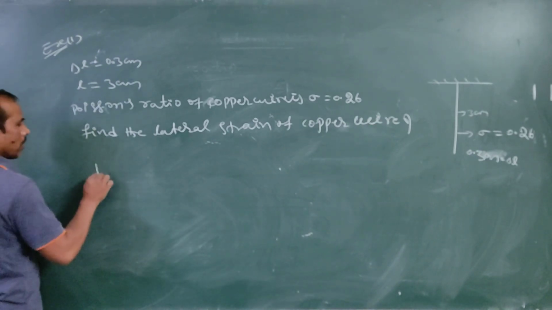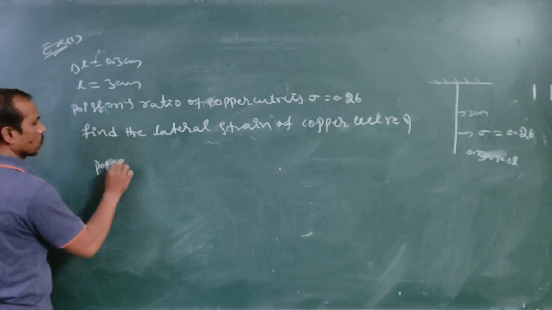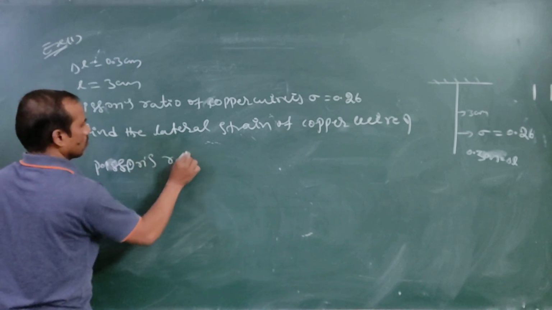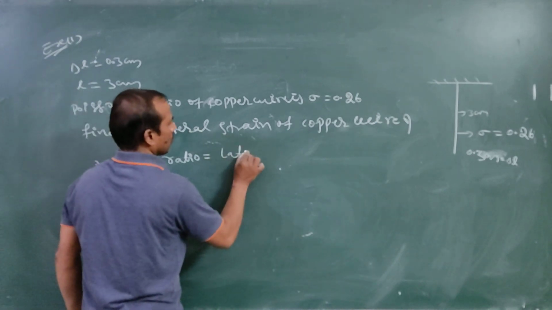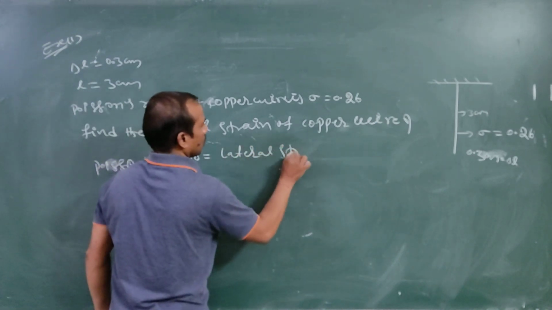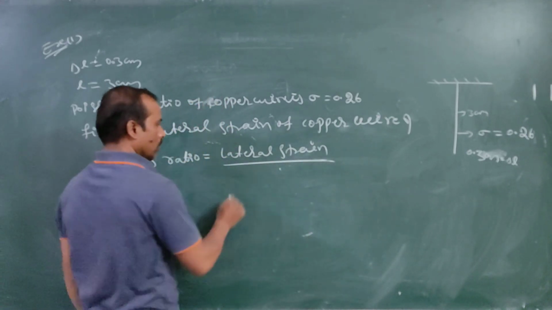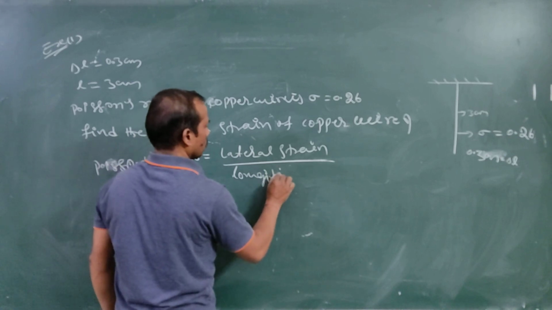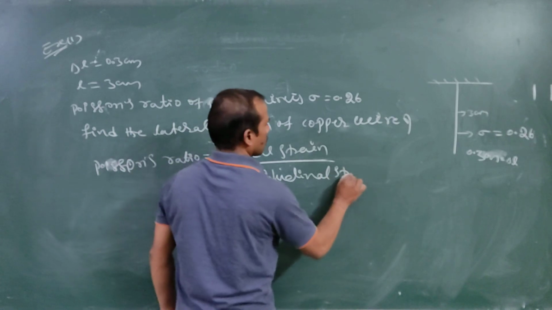Poisson's ratio is equal to lateral strain by longitudinal strain. Okay, this is the formula.